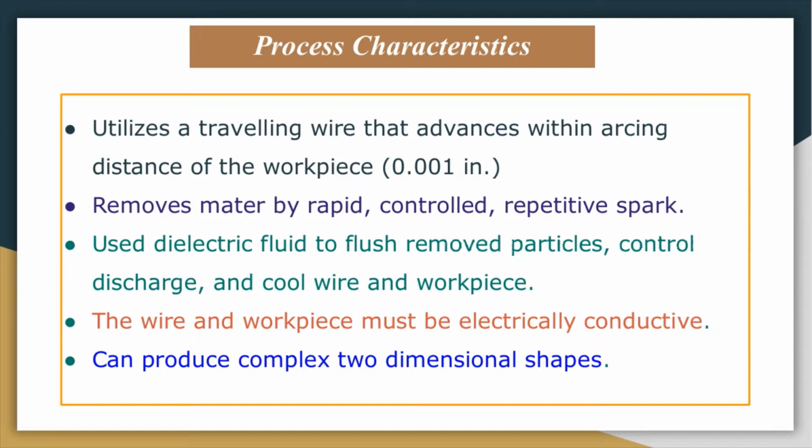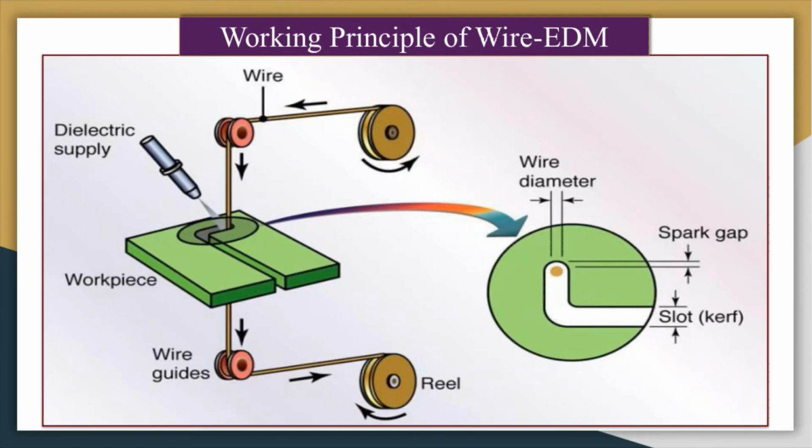So let us start the working principle. In this schematic diagram I have shown the basics of the wire EDM process. You can see here there is a work table, and on that the workpiece. Again there is a nozzle which is required for the dielectric supply.